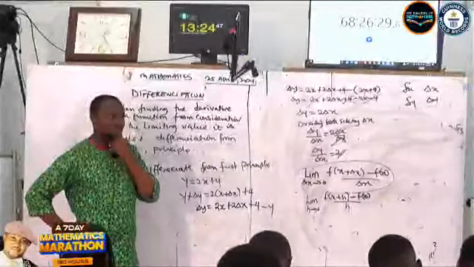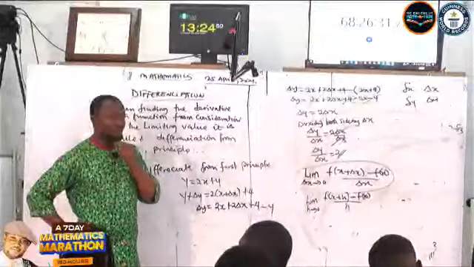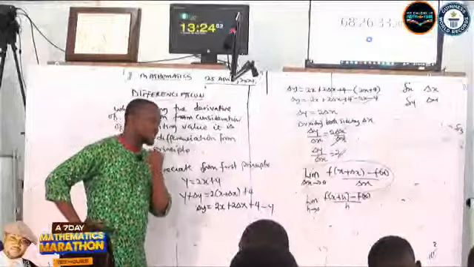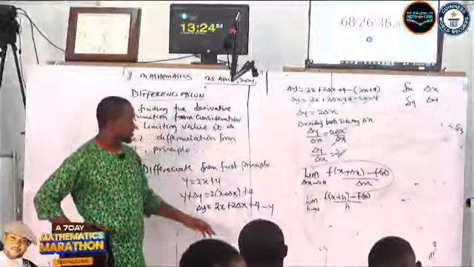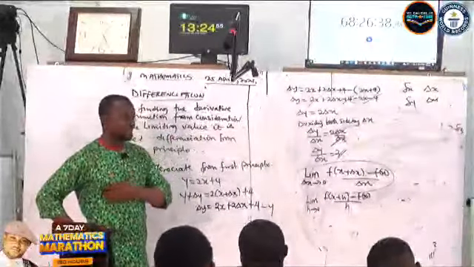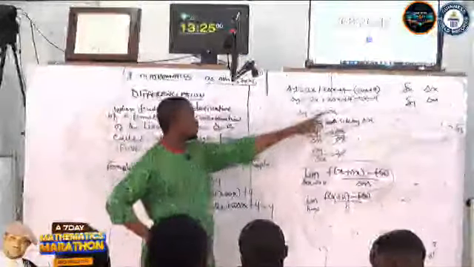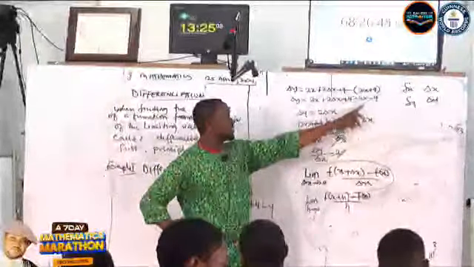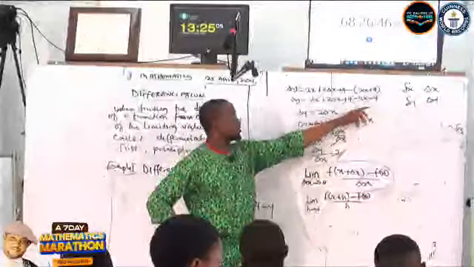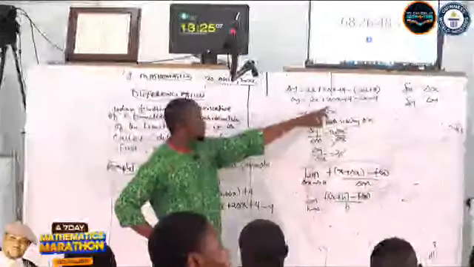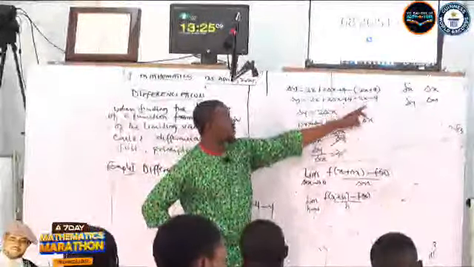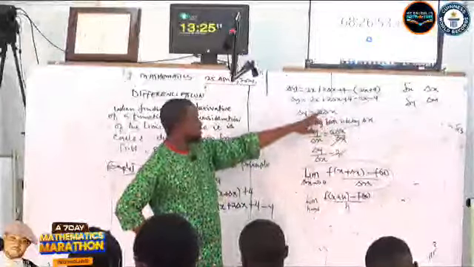So when the minus affects the bracket, you now open that bracket that you see there. When you open the brackets, the minus comes in: minus 2x minus 4. So 2x minus 2x is gone, 4 minus 4 is gone. You now have this left.